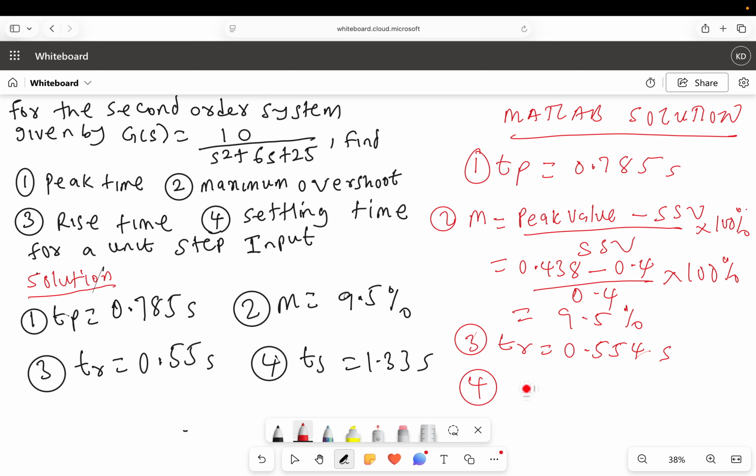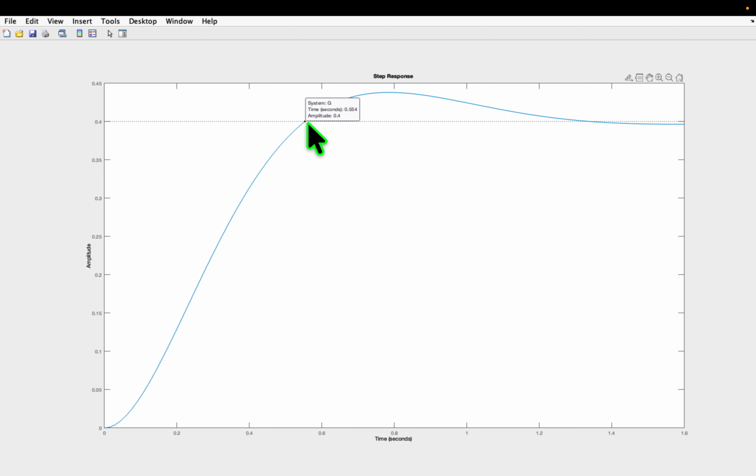So let us look at our settling time. So the settling time is the time taken to reach and stay within 2% of the final value. So if we drag, the time we reach the final value and then stay within 2% of the final value is our settling time. So you see, this is the time we reach 0.4, and then from here we stay within 2% of the final value, which is 0.4, and the time is 1.33 seconds.